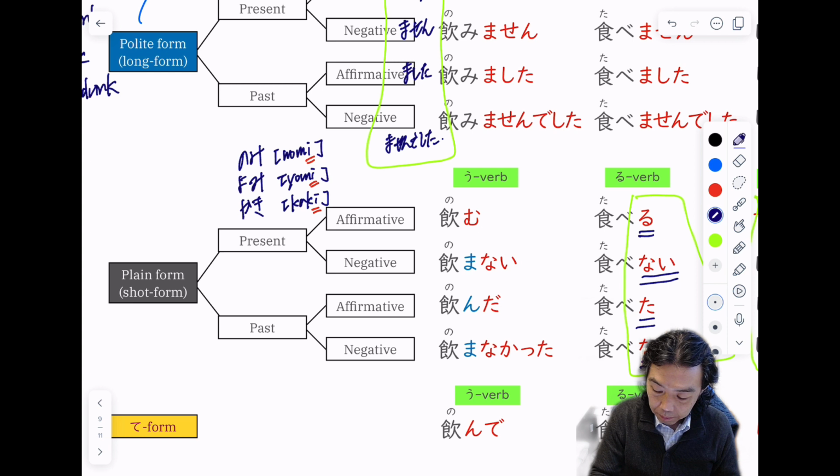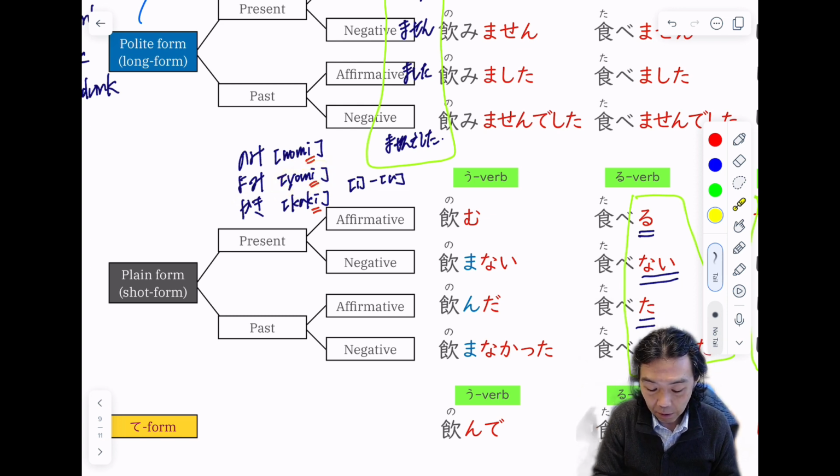For the present affirmative of the plain form, what you do is you change that I sound to U sound. Okay, so the present affirmative of nomimasu, you change this I sound to U, so nomu. Present affirmative of yomimasu is yomu.